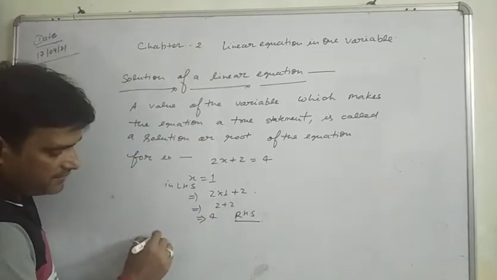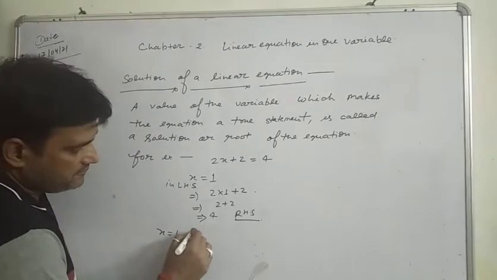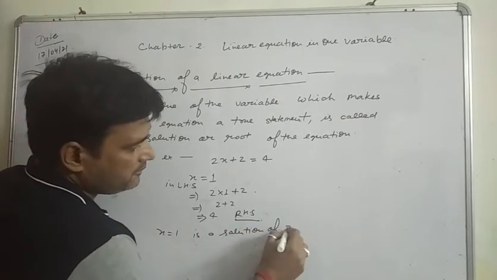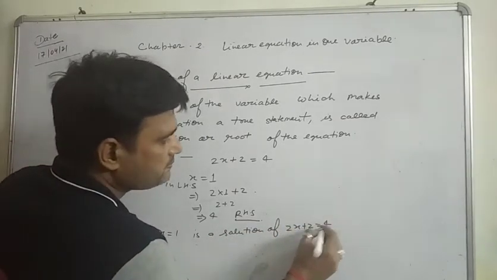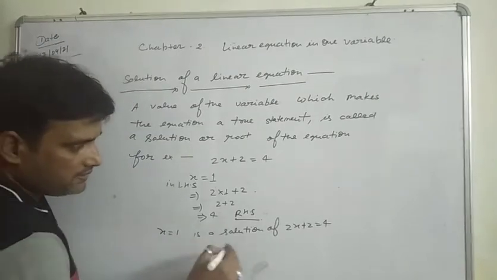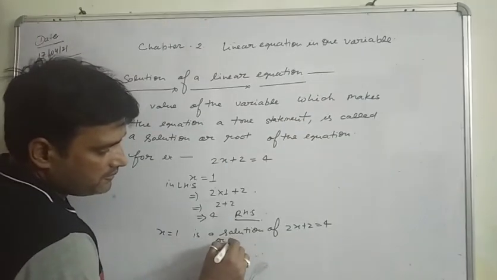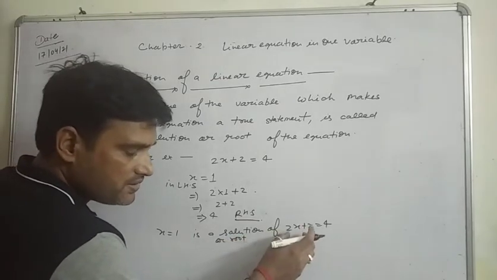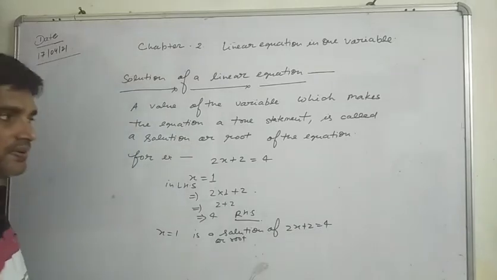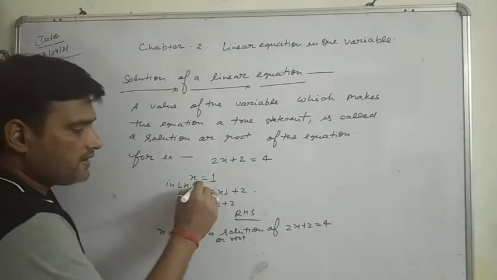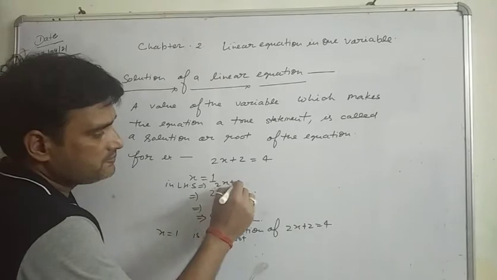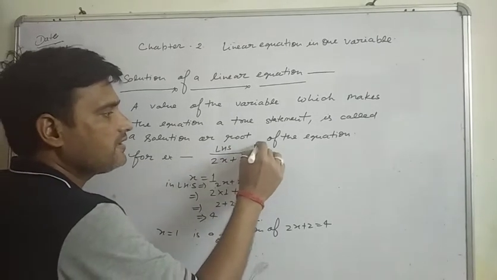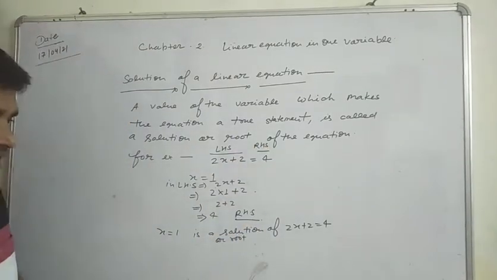Now we can say that x = 1 is a solution or root of the equation 2x + 2 = 4. This part is called LHS and this part is called RHS. Understand?